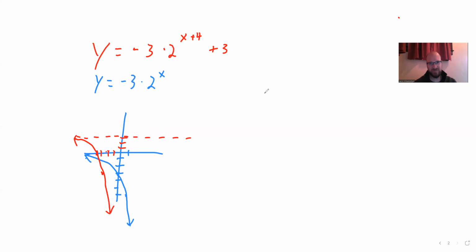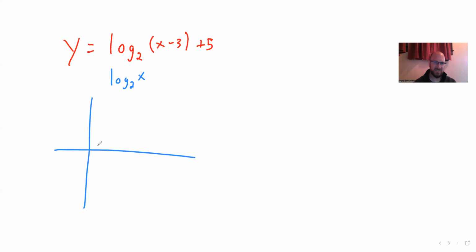I can do these same transformations on logarithms. So I will start with just graphing log base 2 of x.